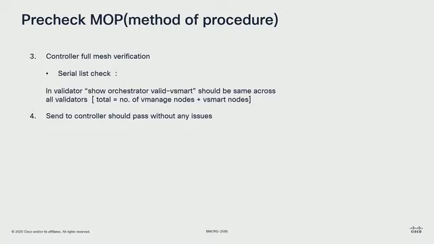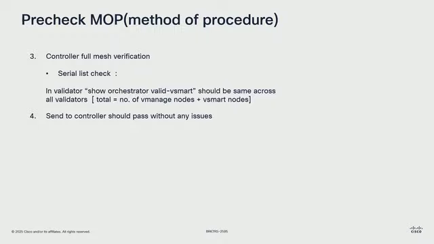Let's say I have 4 vSmarts or controllers at that point in time. With this output, I should see 10 UUIDs over there. And these 10 UUIDs should match on all the validators. That's a mandate. You should have it in a full mesh always. That's where these guys were missing it. And that's where they were landing in trouble once they had shifted onto the DR, so the vBonds go unreachable, and so on and so forth. Issues started.